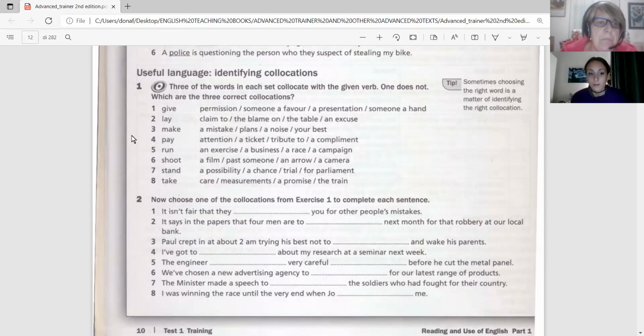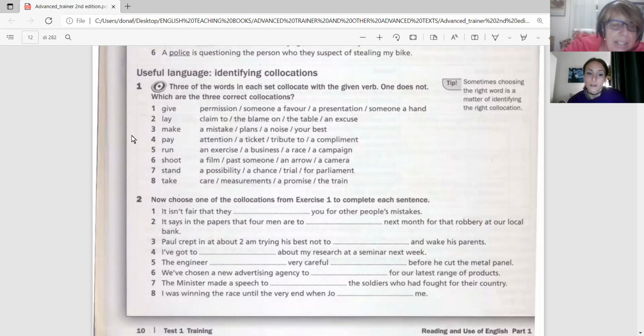Run an exercise, run a business, run a race, run a campaign. Run an exercise is wrong.